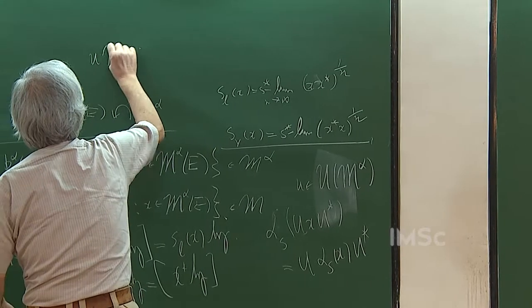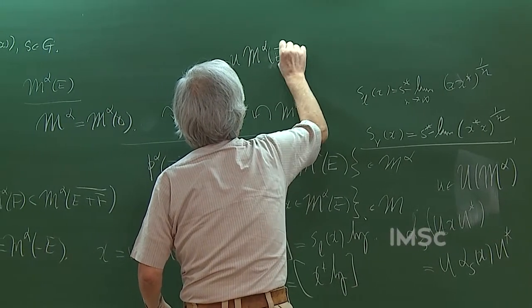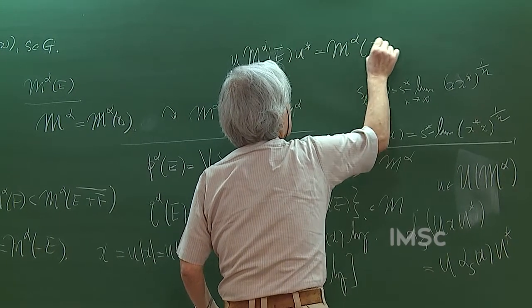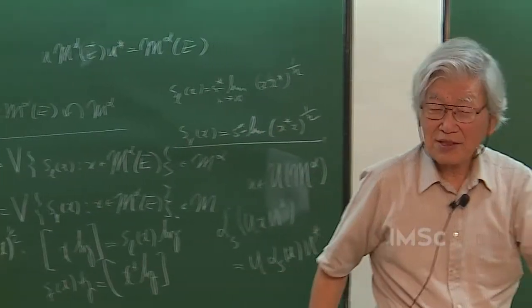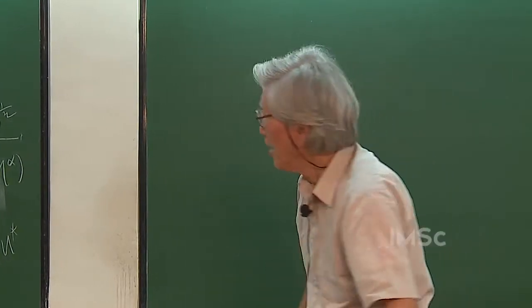So u M_alpha(E) u star equals M_alpha(E), which stays invariant under the inner automorphism given by u.